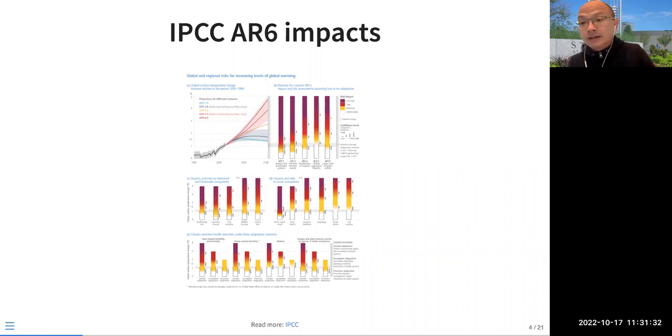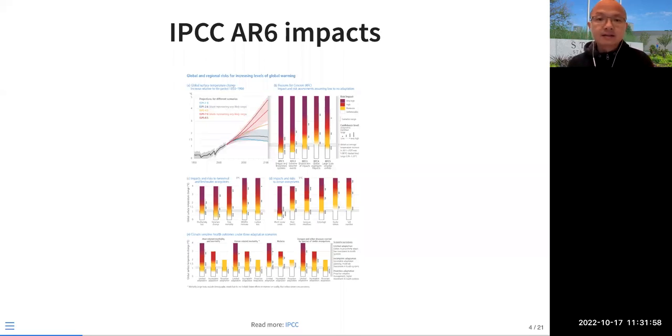Some may say, oh, the impact report is showing climate change really has dramatic impacts, and the mitigation report says we can still do something about it, right? The synthesis report has not been released yet, and it's still in process.